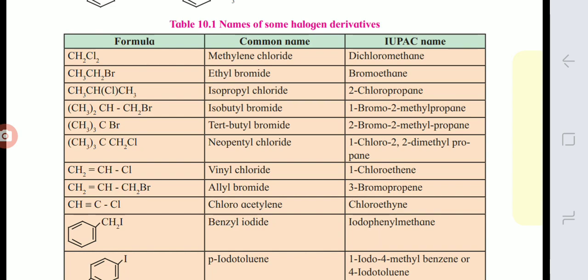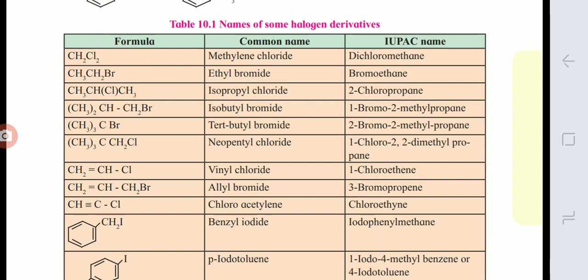So it is 2-chloropropane, a 3 carbon alkane. And while writing the common name, your parent compound is propane, but an iso compound is the compound in which the second carbon of the chain contains a CH3 group. So that condition is maintained in the structure. So the alkyl group is the isopropyl group, and chlorine is the functional group. So the common name becomes isopropyl chloride.